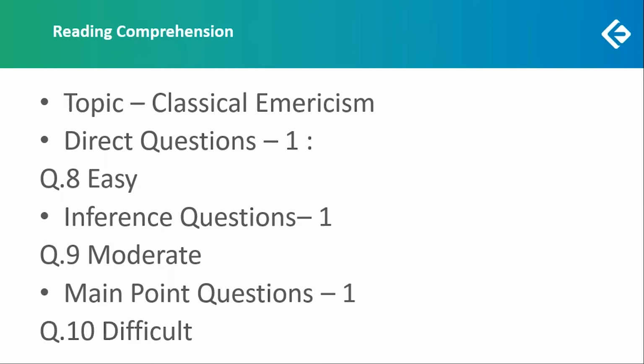So if there is a passage that I can suggest you may want to leave out, it could be this one, because it is not a very easy read. It was an abstract topic, classical empiricism, and you just had three questions out of which only one was easy, one was moderate and one was difficult. So this is the passage that you could have left if you did not have enough time.